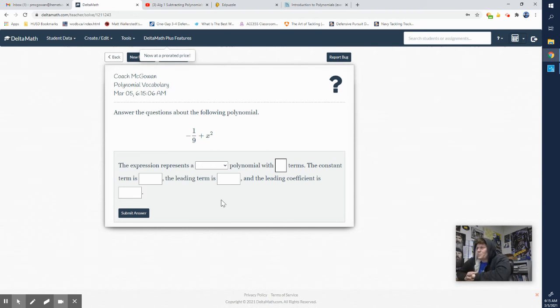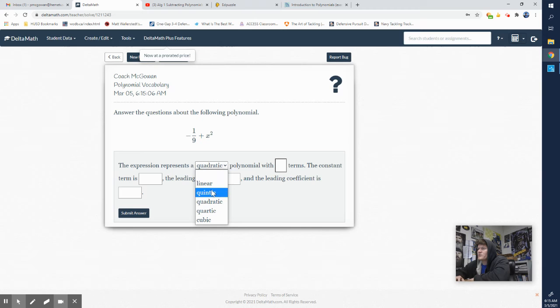Now let's break down these polynomials and focus a little more with some vocab here. When we're looking at these polynomials, just like before, we're looking at the different types, right? Based off of the degree. So looking at this one, I have x squared, which tells me this is a quadratic polynomial. Look at those other words, guys.